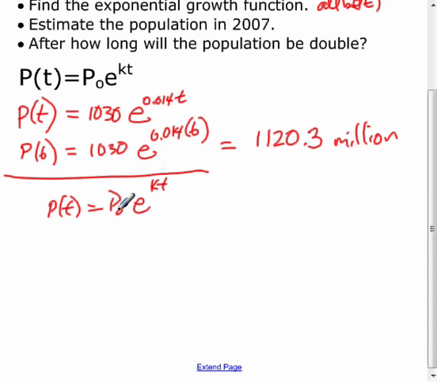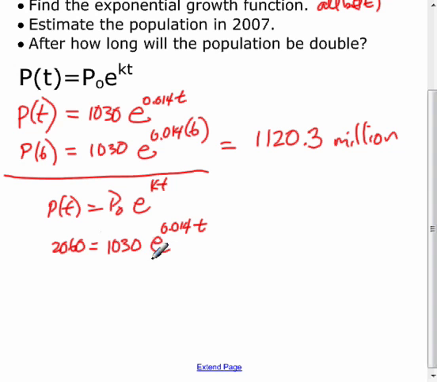So it doesn't really matter what you start or end with if you're wanting things to double. I'm starting with 1030 and ending with 2060, which is equal to 1030 e to the growth constant we know, 0.014, and they're saying how long, so t is what we're looking for.